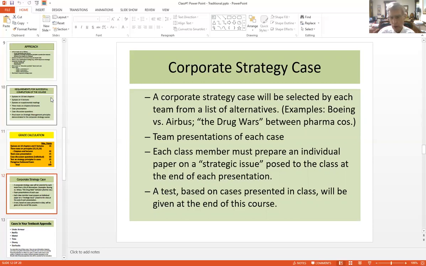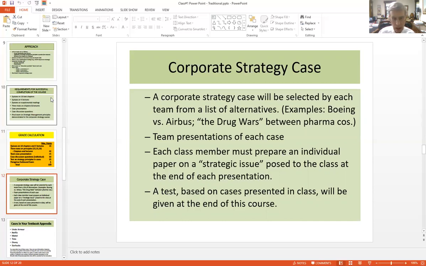So if one of the cases happens to be Pfizer, the drug company, well, there are a lot of drug companies in the world and in the United States. So very often when textbooks write about these things, they call them the drug wars.